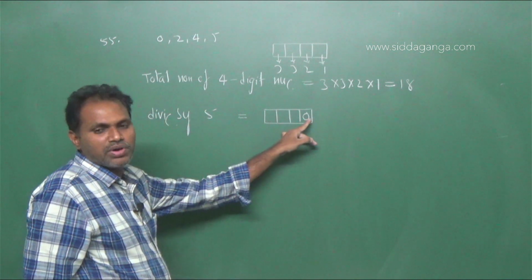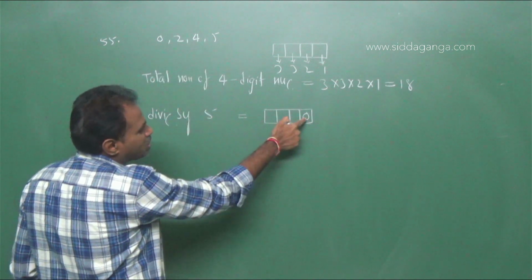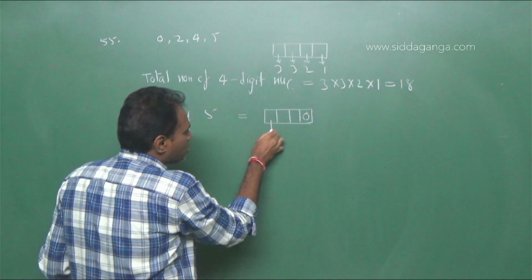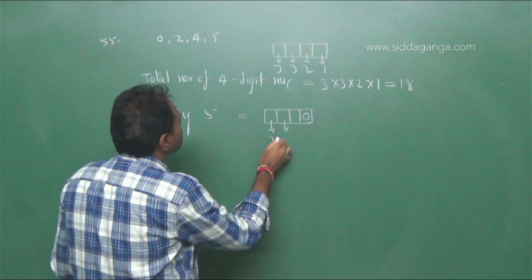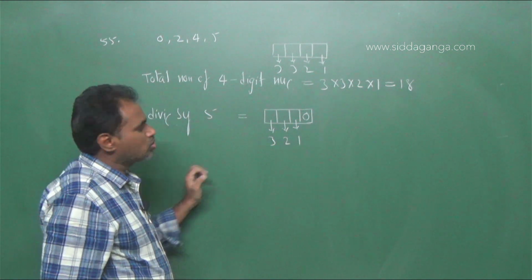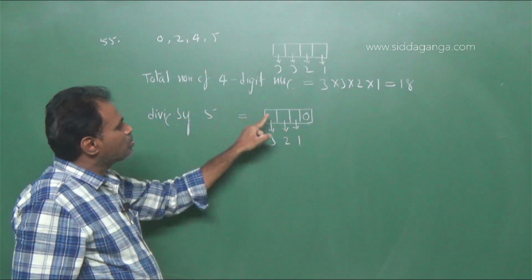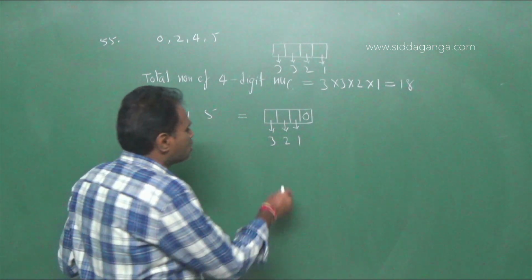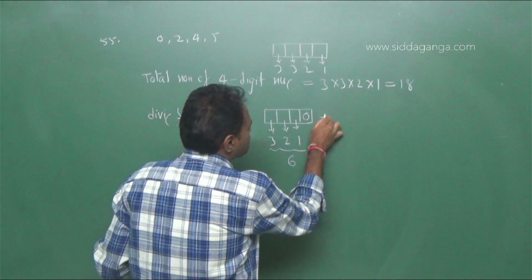The 4-digit number ends with 0. Out of these 4 digits, 0 I fixed in the last box. Remaining, how many digits are there? 3 digits. First box you can fix in 3 ways, the second box you can fill in 2 ways, and this box you can fill in 1 way. Therefore, these are 3 into 2 into 1, that is 6, plus.